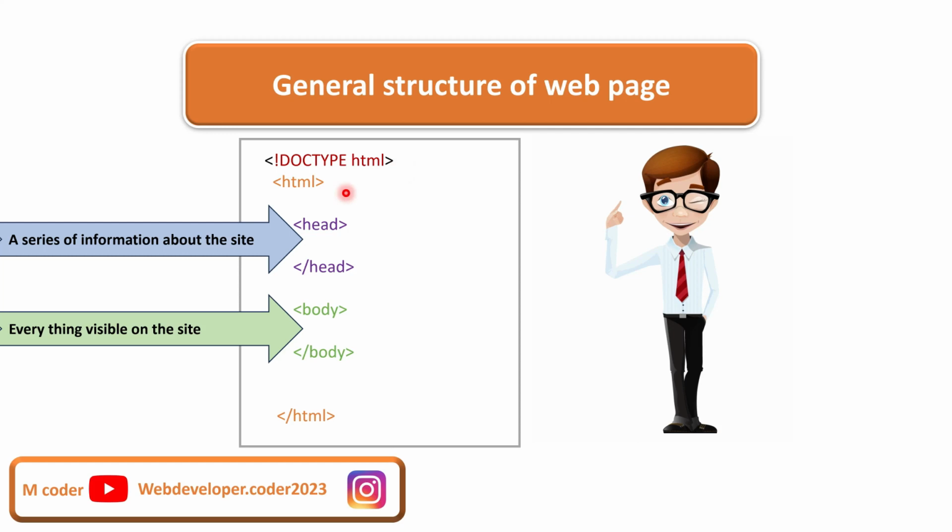Then we write the open HTML tag, and in the end, we write the closing HTML tag, which itself becomes an HTML element. Inside these tags, we write other tags such as head and body.